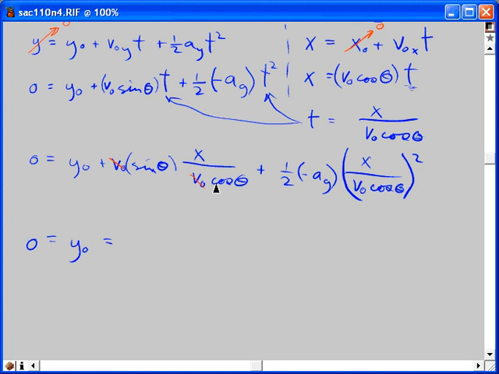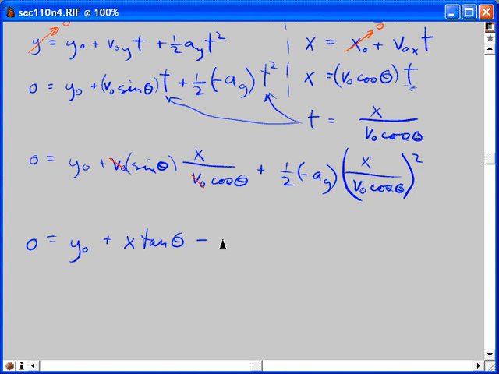Alright, sine of theta over the cosine of theta is the tangent of theta. It's not important that you recognize that in that replacement, but I choose to here. So that'll be x tangent of theta, and then I'm going to take this minus sign outside the expression, and I've got x squared over v0 squared cosine of theta squared.